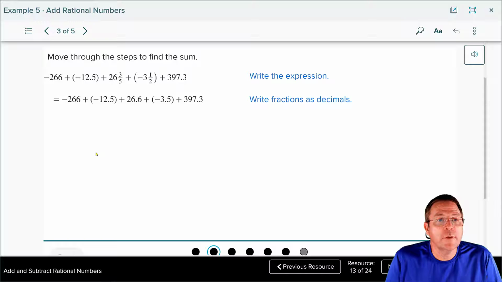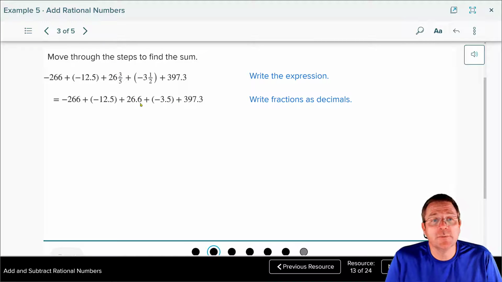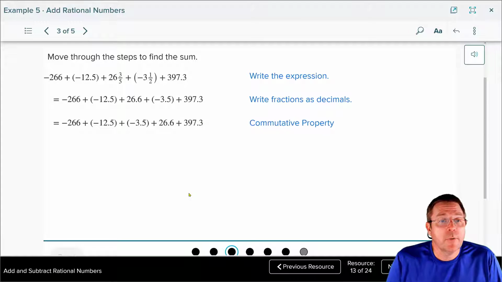So, first thing they did, actually this one, they didn't regroup at all. They wrote everything as a decimal. They converted the 26 3/5 into 26.6. They converted the negative 3 1/2 into negative 3.5, and that's going to make the whole thing a whole lot easier.